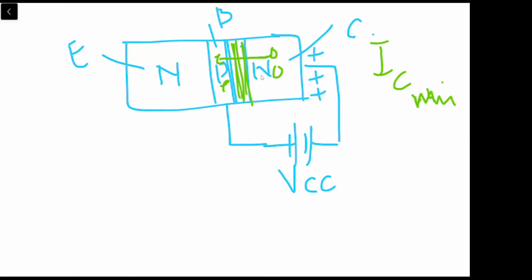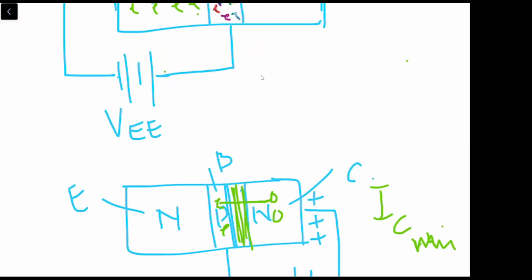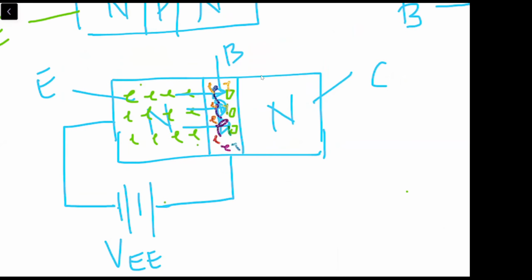If we combine the effect, previously we showed that once the emitter base junction is forward biased, the majority carriers cross the emitter base junction, and very few of them get into the holes at the base and constitute a current which is normally called IB, the base current.